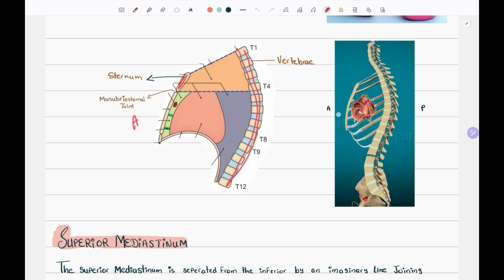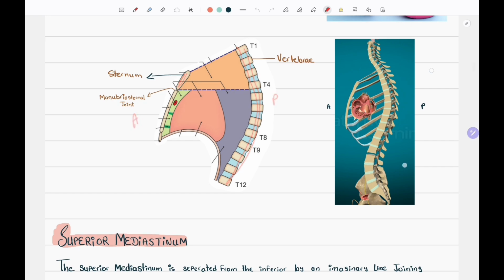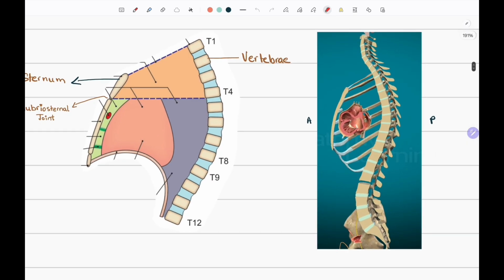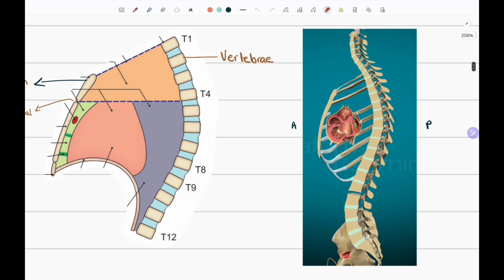This is our anterior side, this is our posterior side. For your better visualization and orientation, this is also the same section but in a more realistic way. These are the vertebral column, the sternum, and the manubrium of the sternum.